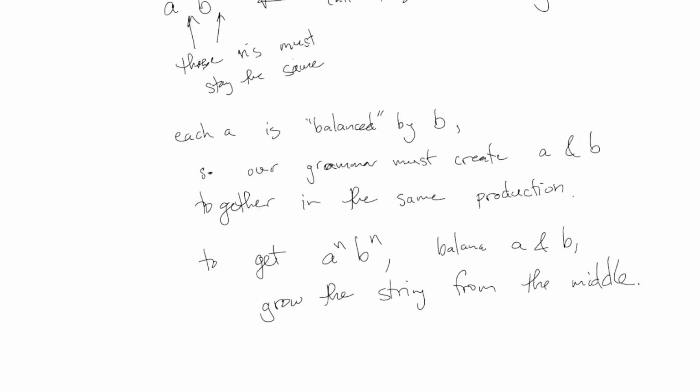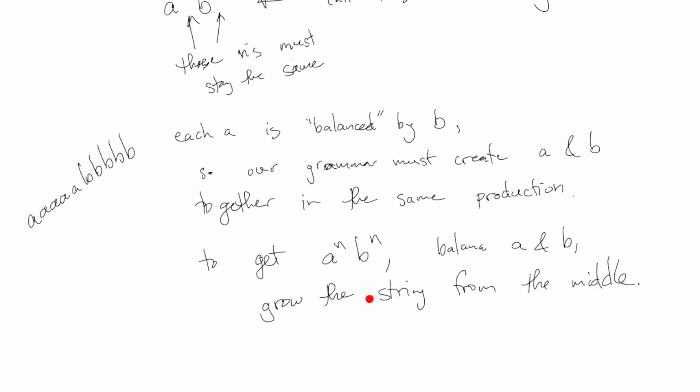Why is that? If I wanted to create the string like A to the 5, B to the 5, it would have to look like A, A, A, A, A, B, B, B, B, B. But if I want to create A's and B's at the same time, you can't create this just straight up left to right, because if you're going left to right, you have to make a bunch of A's first and then somehow remember how many A's you made and then make the same number of B's. That's not going to work in a grammar.